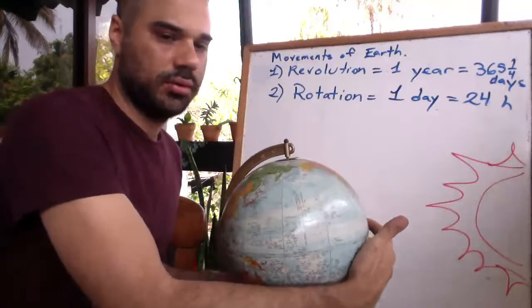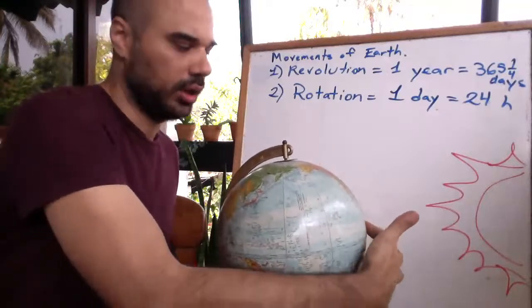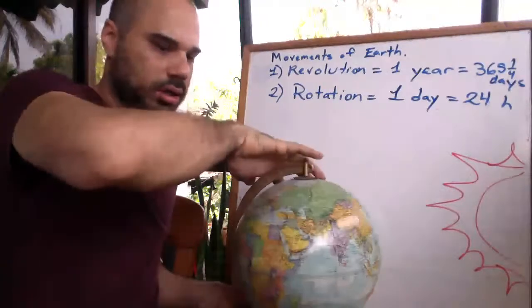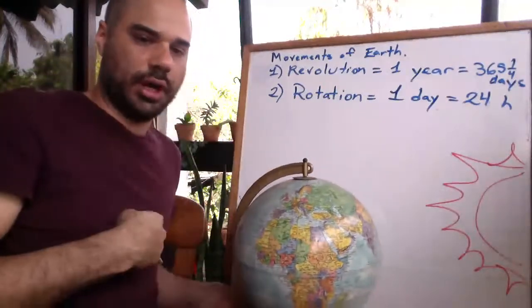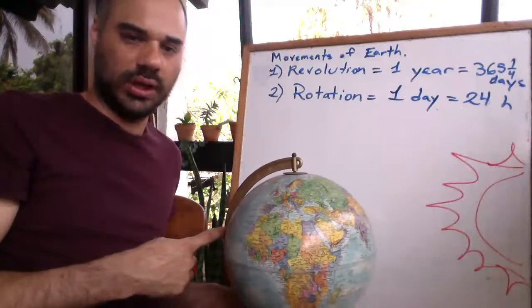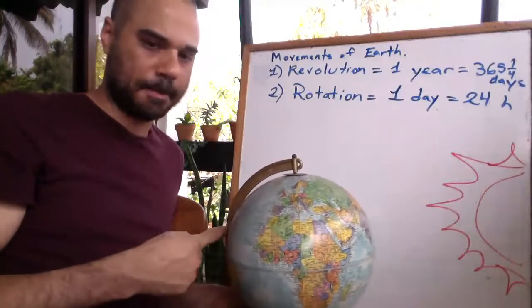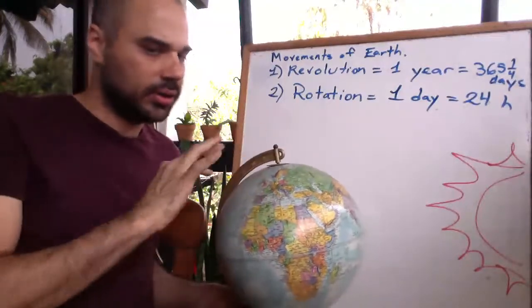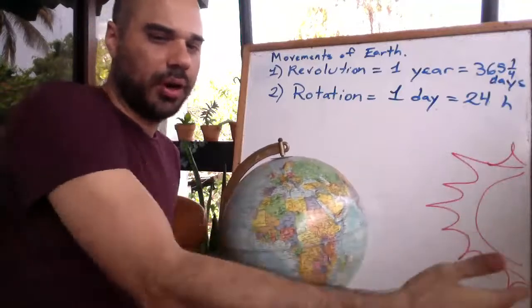So right now, which is almost 2 o'clock, it's in this way. And we are turning, and when we are over here, it's 12 at night. Okay? This is night. As you can see, there's a shadow on this part, and the other part has day.